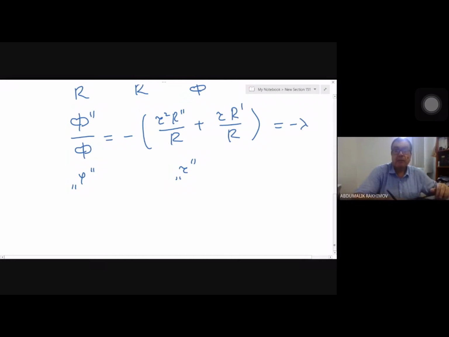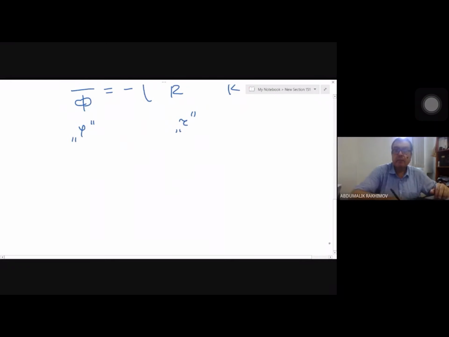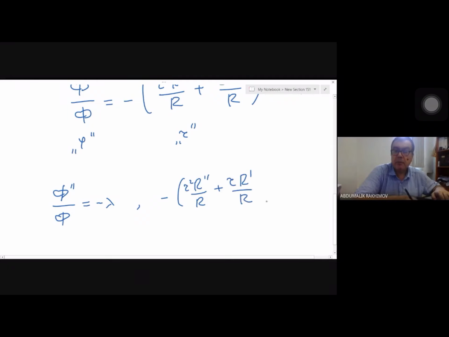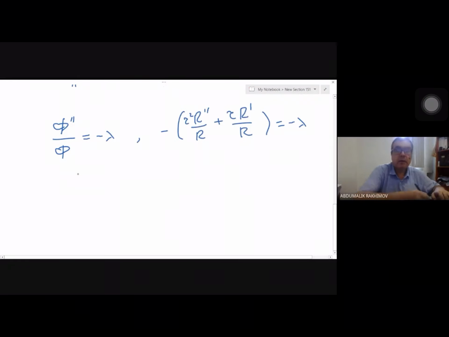So then I will have two equations. One is phi double prime over phi is equal to minus lambda. The other equation is minus R squared R double prime over R plus R prime over R is equal to minus lambda. So the first one you can write as phi double prime plus lambda phi is equal to 0.